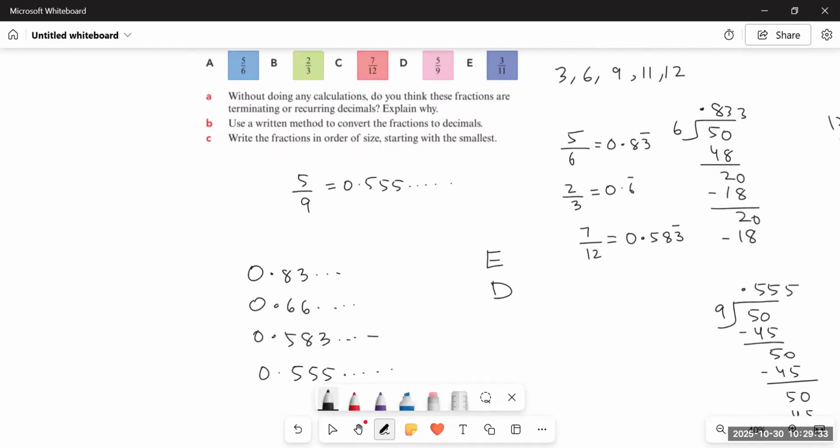And then the third one is 583, that is 7 over 12, C. And then 0.66, part B, is the fourth one. And 5 over 6 is the largest. So it's EDCBA. That's all.